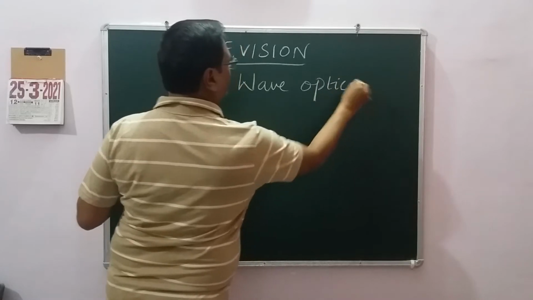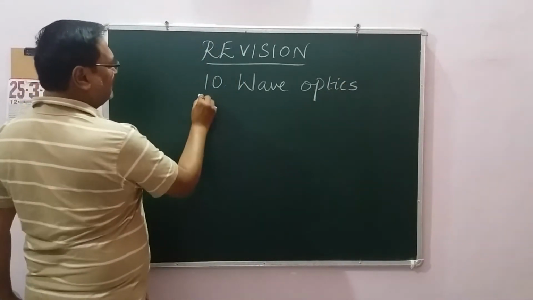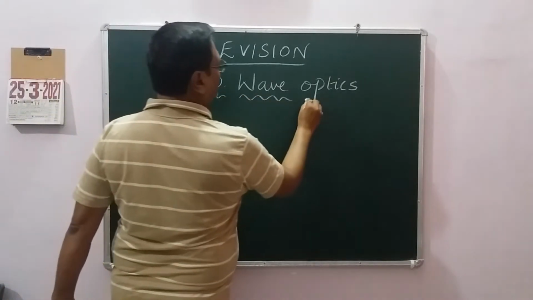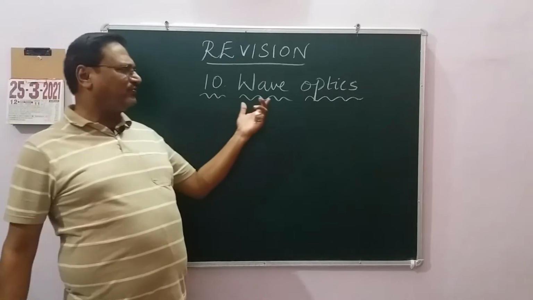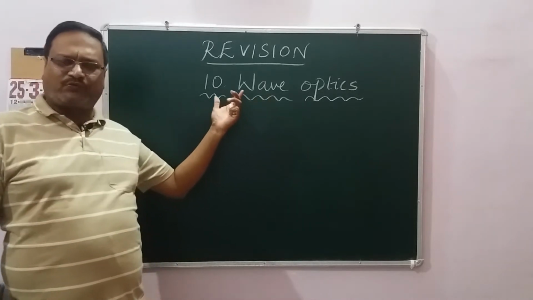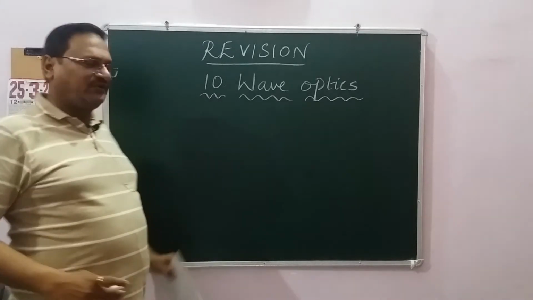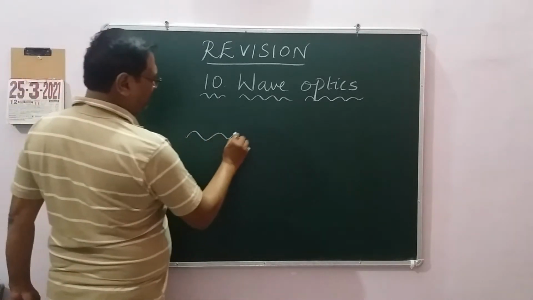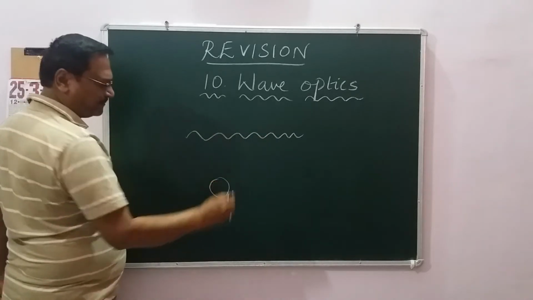See, in optics we study ray optics and wave optics, and in this video, these are all short videos, you will be understanding some concepts of problems previous to the formula from wave optics. Okay, wave, we already know wave nature, right? And this is different to particle nature.